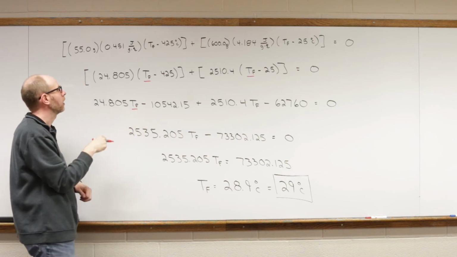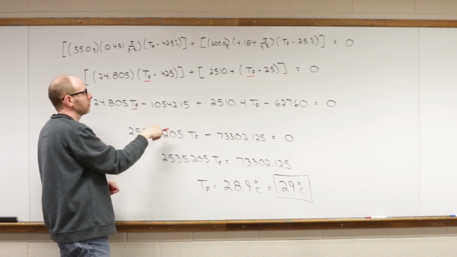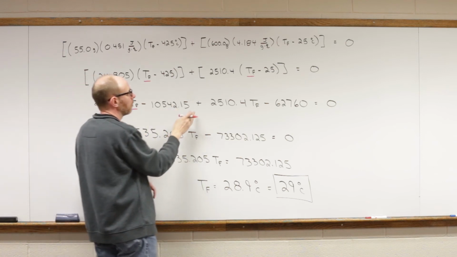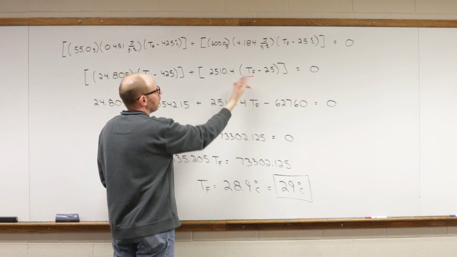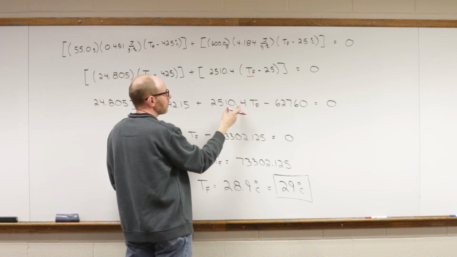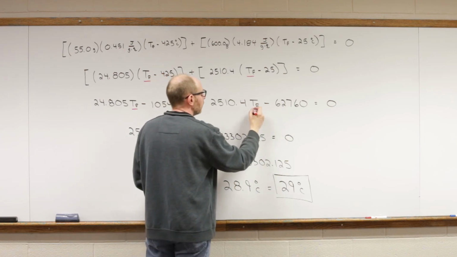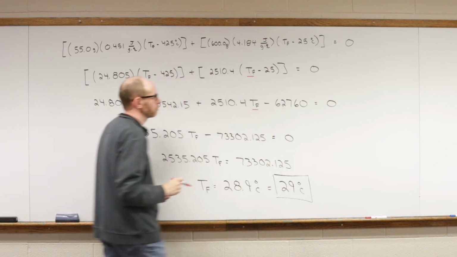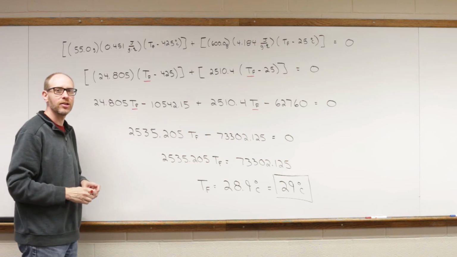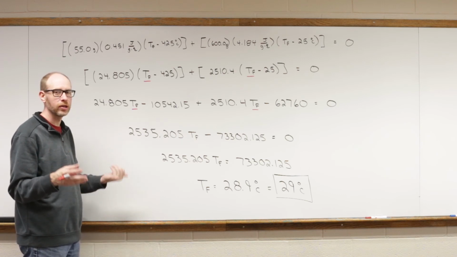I get actually a 24.805 T final minus 10,542. And then I'm going to do the same thing for the water. I mean, 2,500 and 10.4 times temperature final minus 62,760. Now, this is no different than if you have 2x plus 3x plus 5 equals 0.